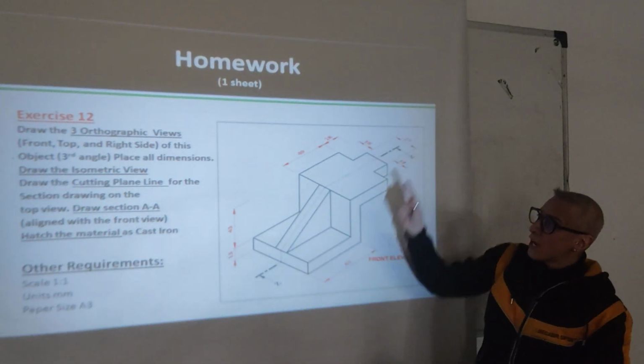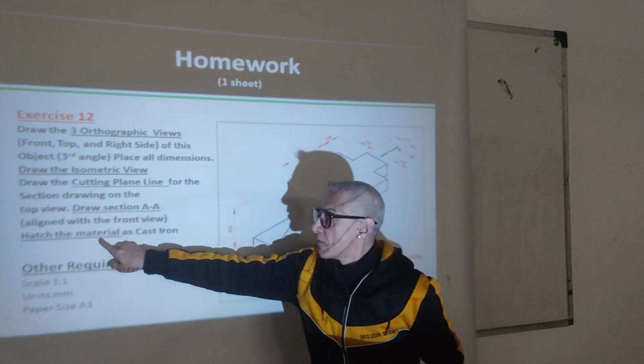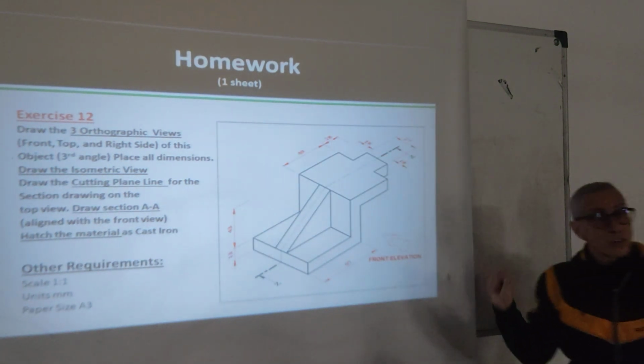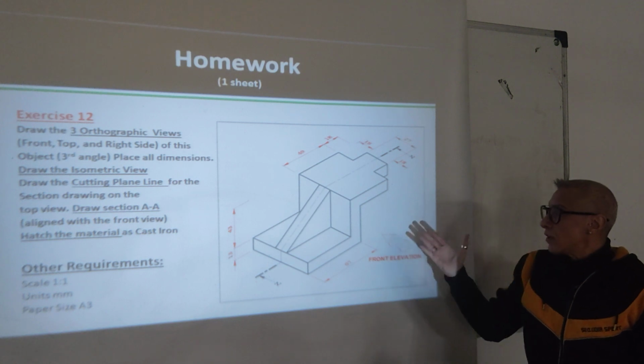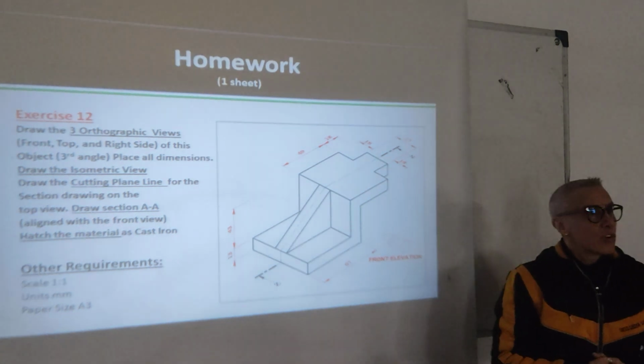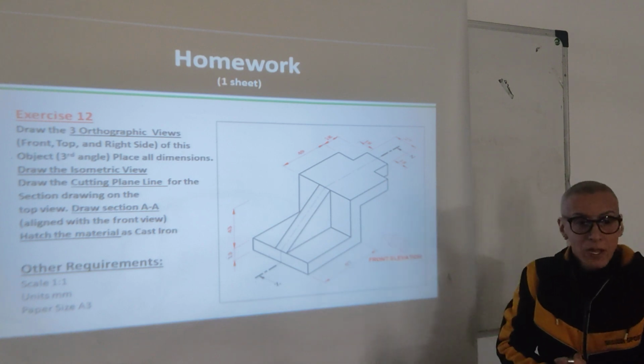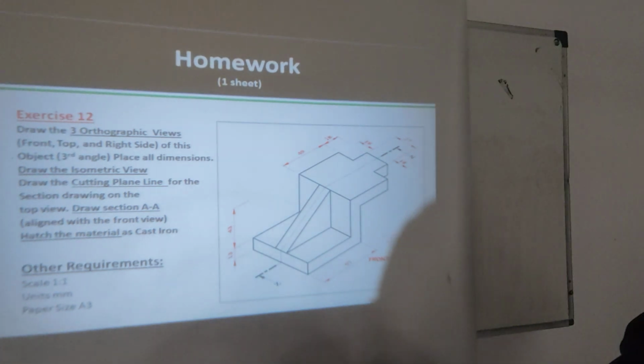So cut it through, hatch it with the material as cast iron in the correct way at 45 degrees. And this is basically it, okay? So you have a full drawing with a section view also here. Now, let me close this.